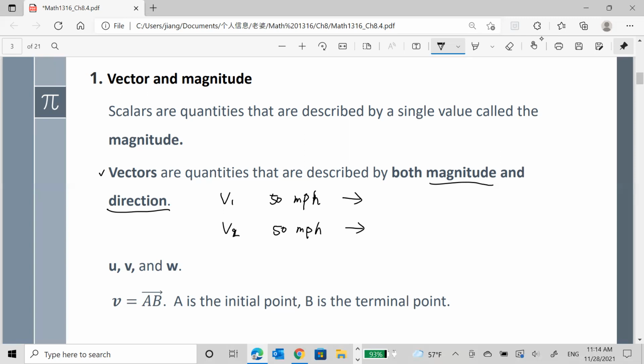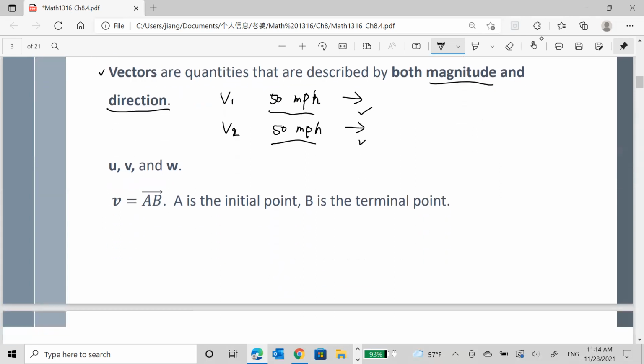So do we have the same velocity? Of course, because we have the same speed, same magnitude part, and also the same direction, even though we are in different positions. I'm here, you are in New York, but we still have the same velocity.